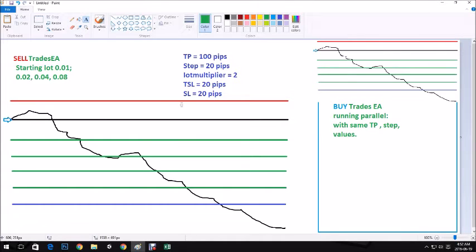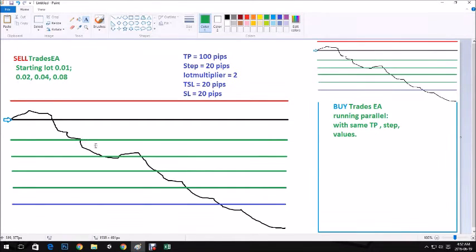Keep that in mind also. Now when the market moved another 20 pips in our favor, we are in 20 pips profit on our second trade and 40 pips profit on our first trade. The trailing stop of our first trade is also moving in our favor, and the second trade also has a 20 pips trailing stop, which started moving towards the break-even point.